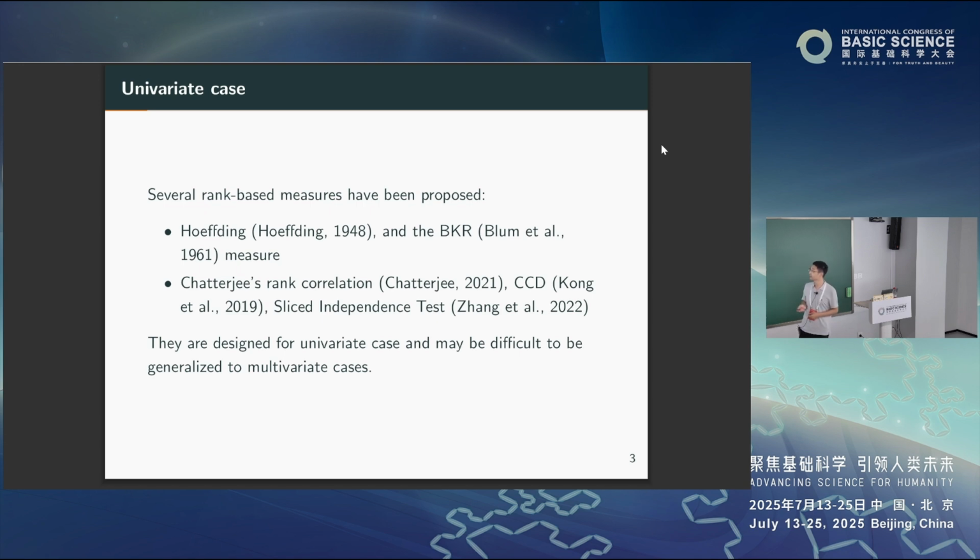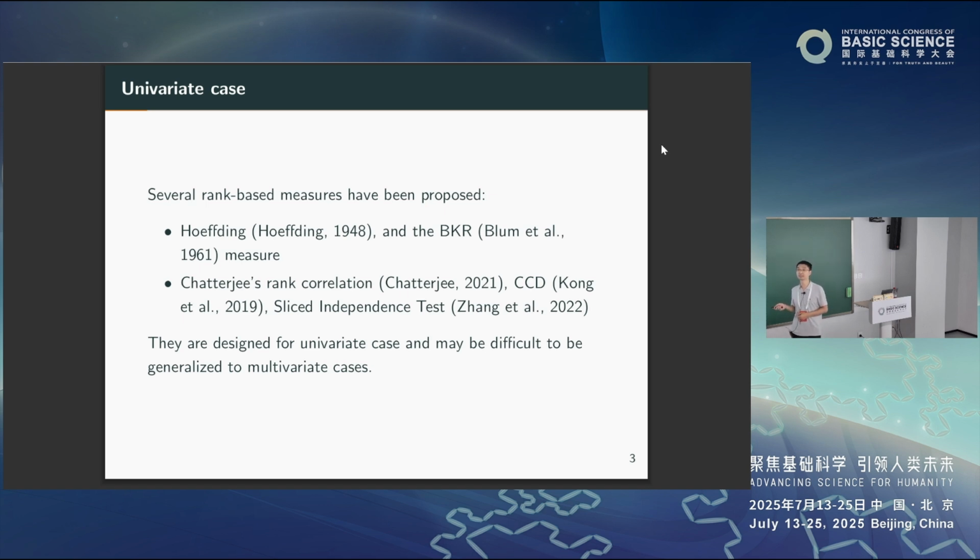Recently, Chatterjee's rank correlation has gained much attention. This measure is quite simple. It is important to note that Chatterjee's rank correlation, the CCD, which is short for the composite coefficient of determination, and the sliced independence test all have the same expression at the population level.